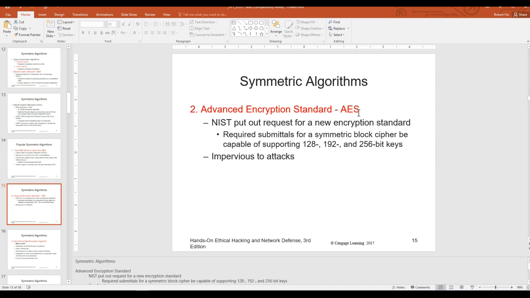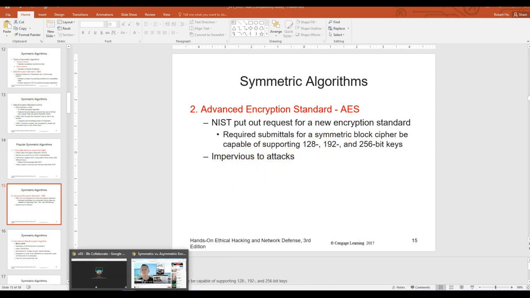It is a symmetric block cipher capable of supporting 128, 192, and 256 bit keys. Okay. The longer the key, the harder it is to break in.